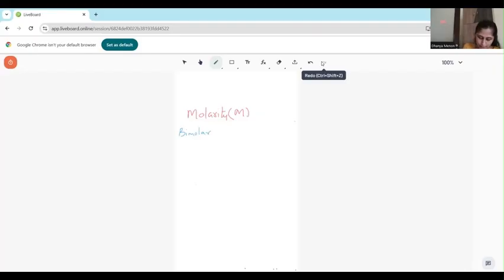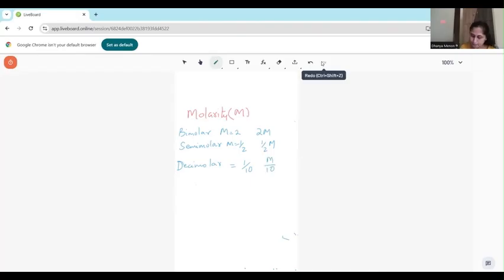If I say semimolar, it is half M, or we represent it by 1 by 2 M. If we say decimolar, these are just the terms they use in the question. When we do more past paper questions of the JEE and NEET, these terms will come into play. So that time you have to remember. Decimolar means 1 by 10, represented by M by 10.